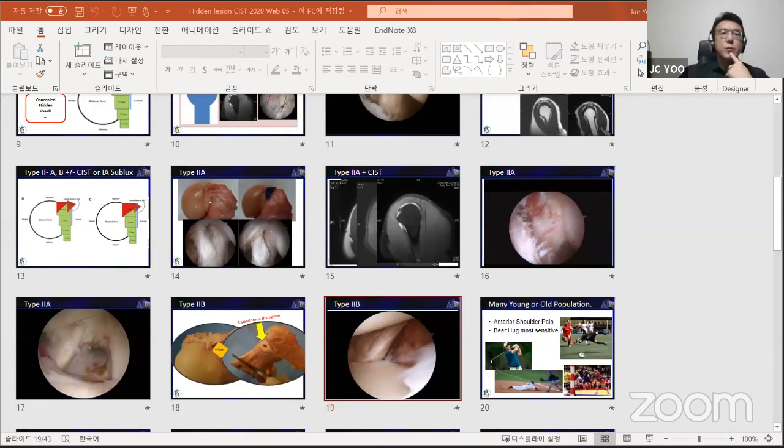Click on the slideshow. Yours is in Korean, so we can't understand. Okay, I got it. Is that better?